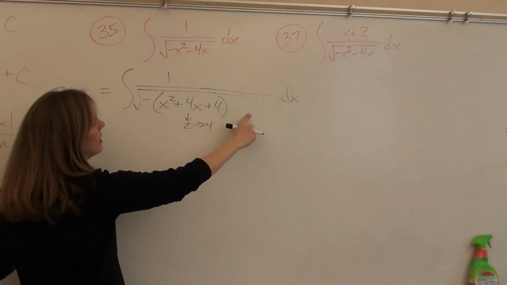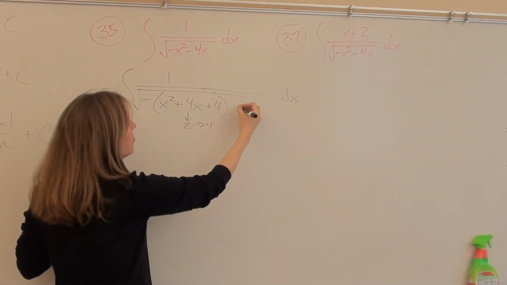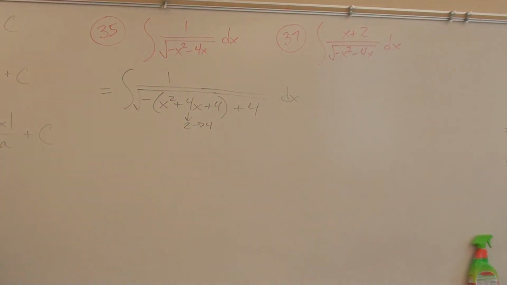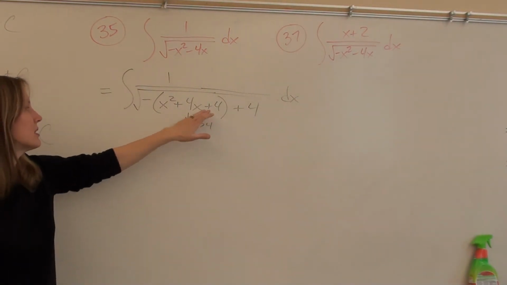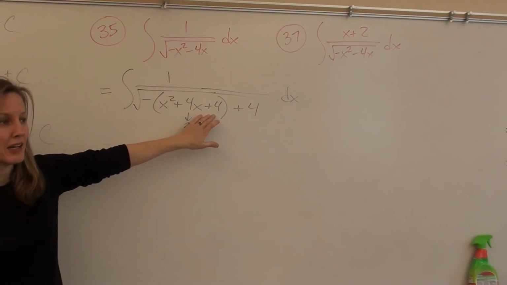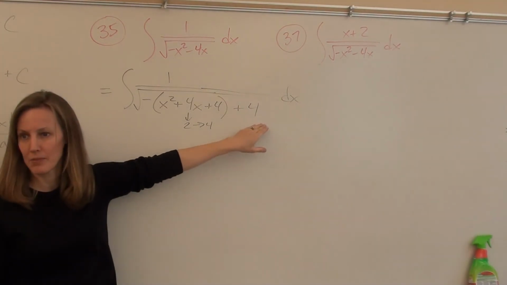Normally what we do out here is go minus 4. We're not. We're going to go plus 4 again. Why? Because there's a negative. Everything in the parentheses is already getting multiplied by a negative. So what we actually did technically is we subtracted 4 from our original problem, so we have to add 4 to balance it.